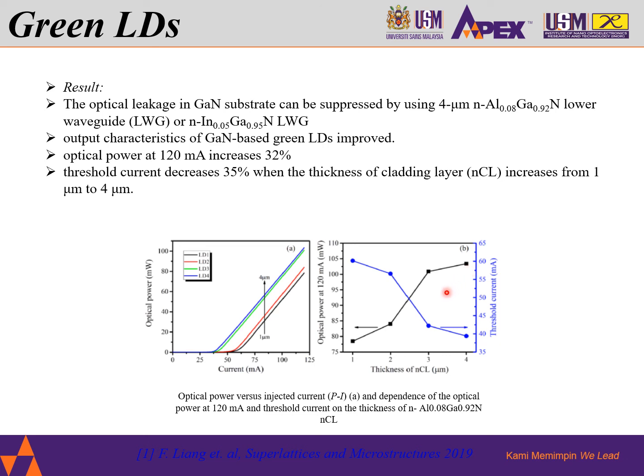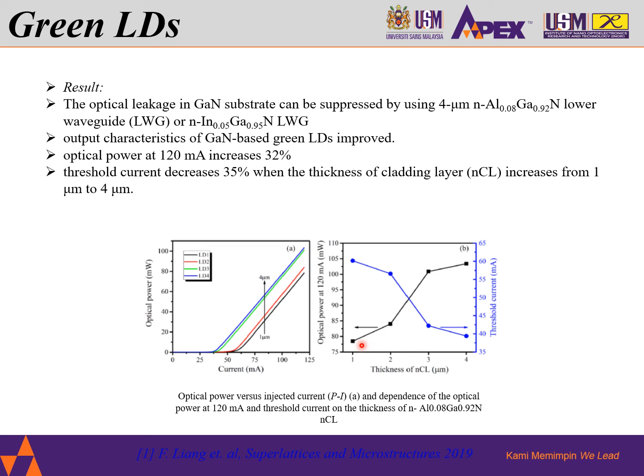The threshold current is 60.15, 56.56, 42.23, and 39.38 milliampere respectively.